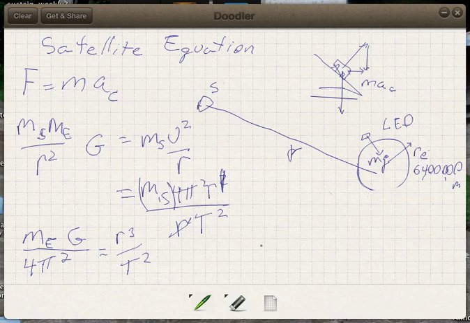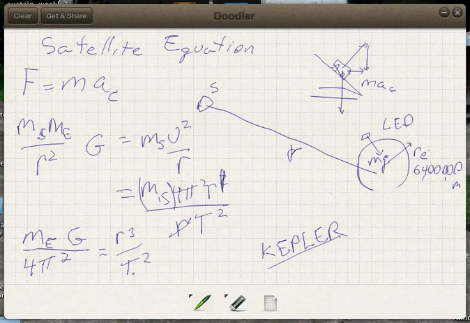This relationship was found by Kepler, an astronomer, by observations of the period of the different planets going around the sun, where this was the mass of the sun, this was the distance of the planets to the sun, and this was the period.